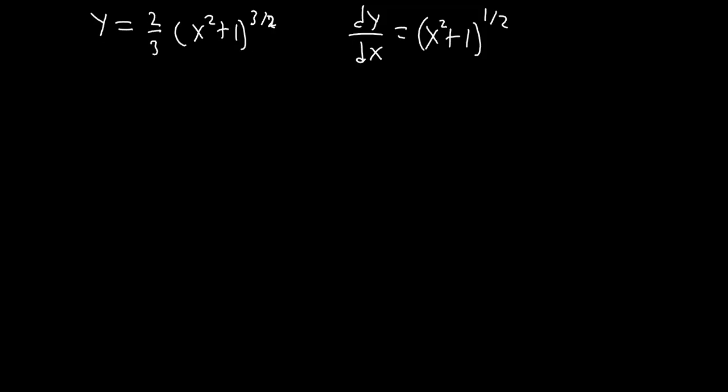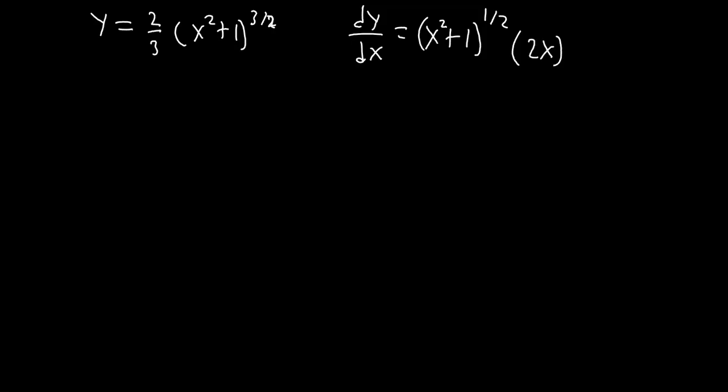Now remember chain rule would force us to take the derivative of x squared plus 1, which would just be 2x.